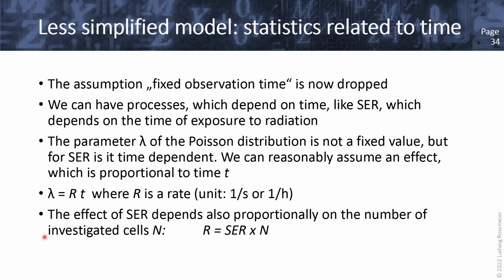That means if you investigate double the amount of cells, then the SER effect will also double. That means the rate is a SER number times the number of cells. All in all, we can say that lambda equals the SER times n times t.